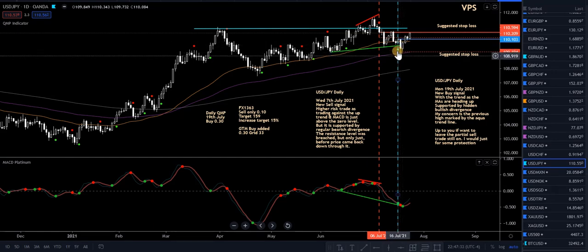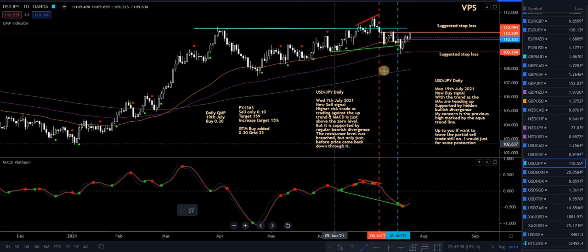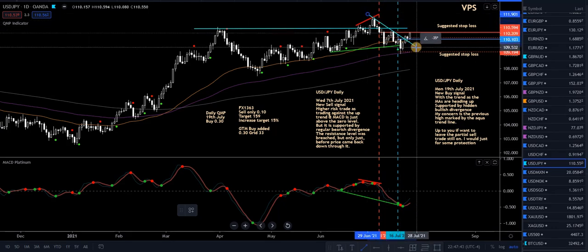The buy signal's still valid, so again, you could probably draw the old trend line through there. Basic trend line, so across your highs sort of thing. Look, you probably already could have taken it. I probably missed that one.